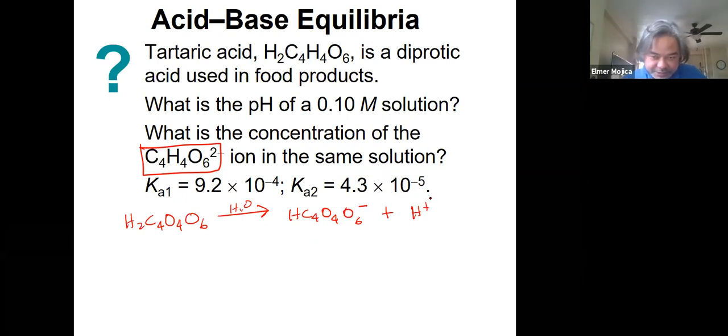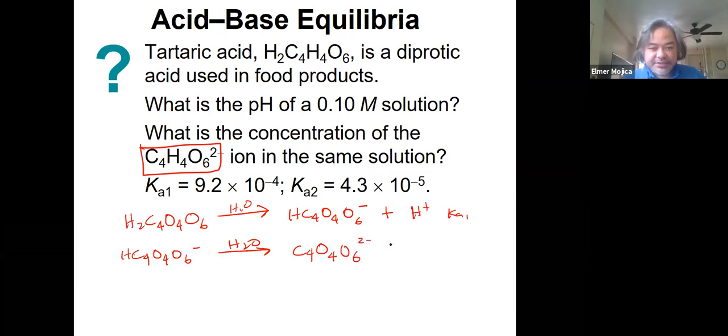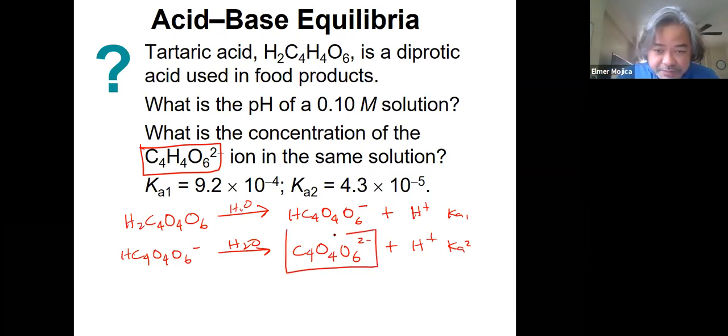And that's the first Ka. Further dissociation will give you the second hydrogen and the tartarate. Now, what you're being asked is the concentration of this, given Ka1 as 9.2 times 10 to the negative 4 and Ka2 as 4.3 times 10 to the negative 4.